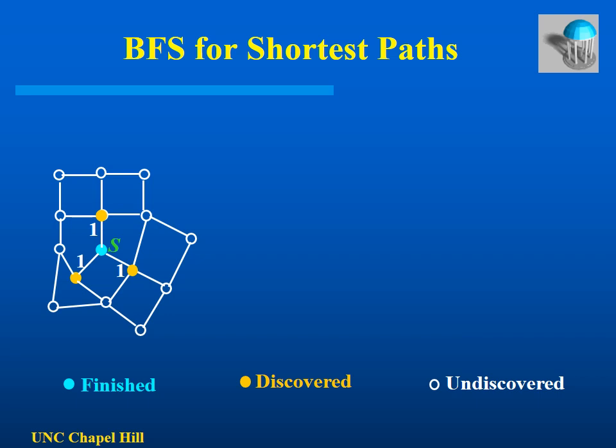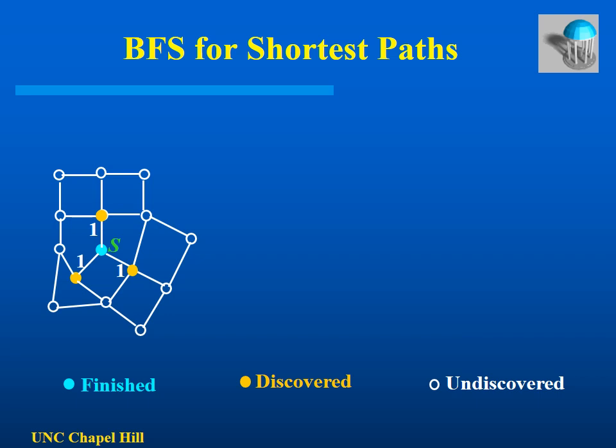Once we've done this for all of the 3 nodes adjacent to S, we will give S the finished color. This is the state shown in the left graph.